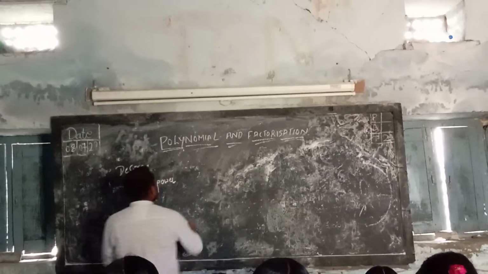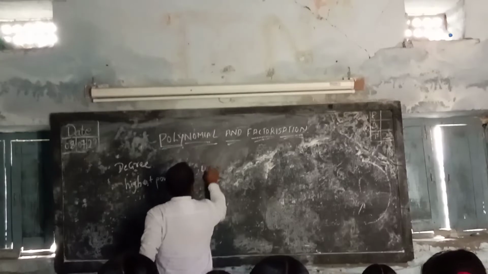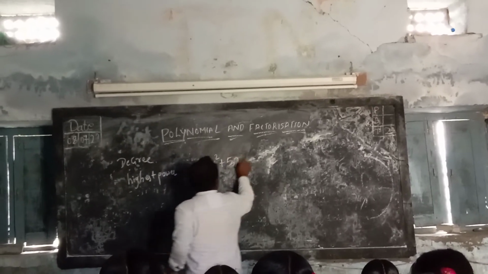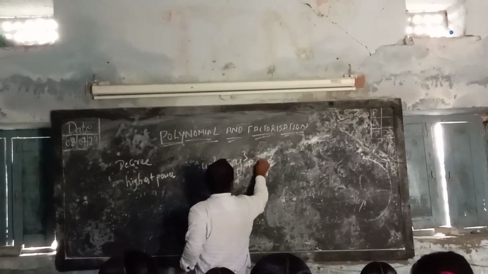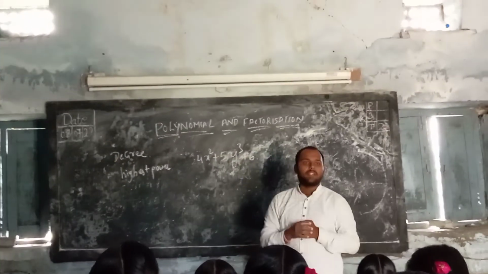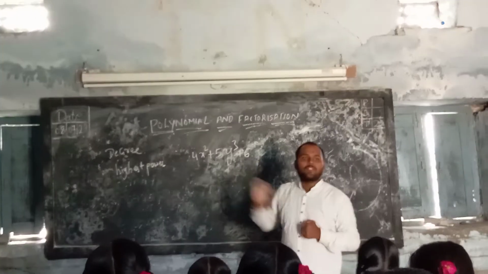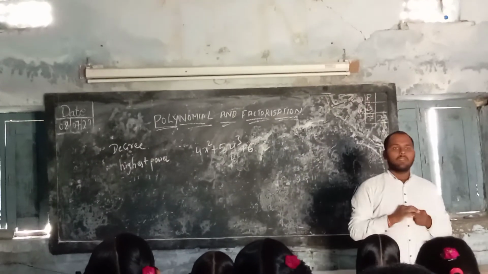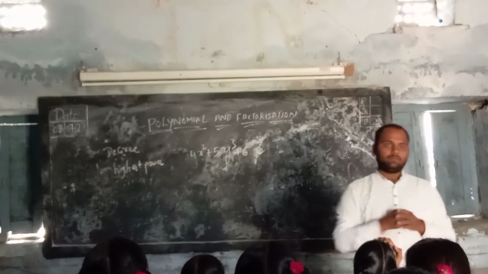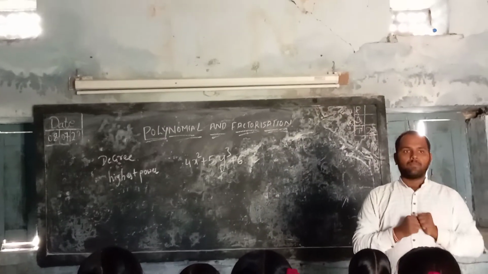For example, let us see 4x square plus 5y cube plus 6. What is the degree of this polynomial? This has two variables, x and y.